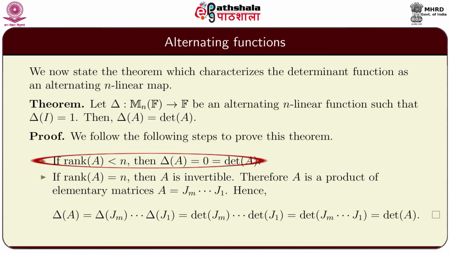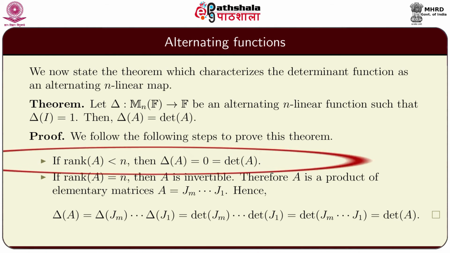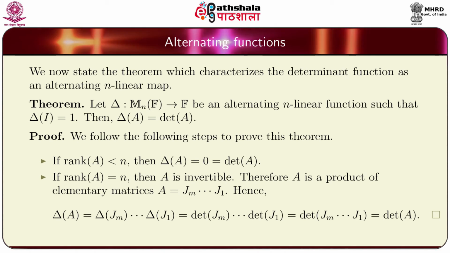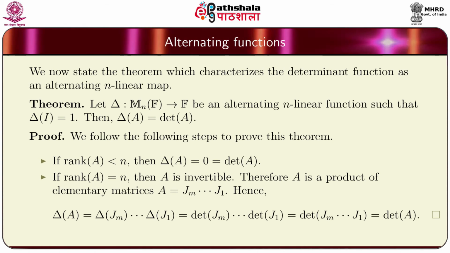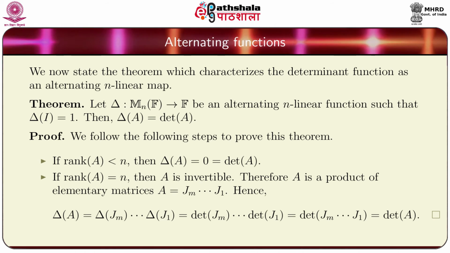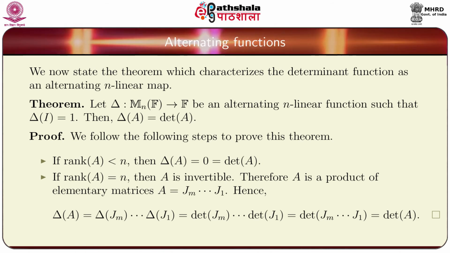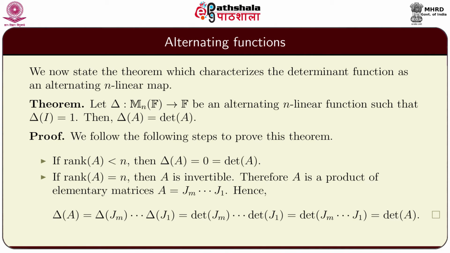First, if rank of A is less than n, then delta of A is 0, which we have already seen, and that is equal to determinant of A, because if rank of A is less than n, then both determinant of A and delta of A are 0, and therefore they match.